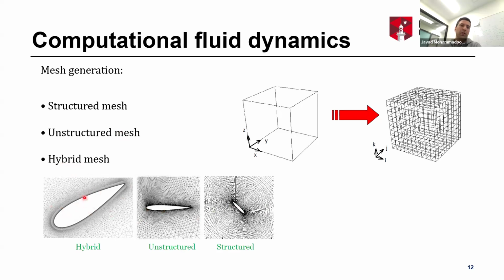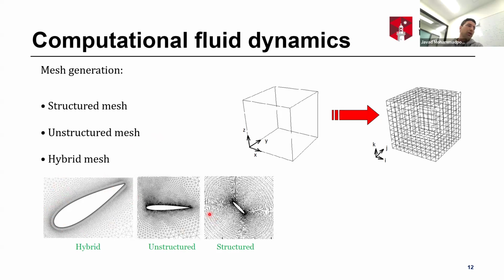We generated the structured mesh around the airfoil, because the point of interest is the leading edge and the trailing edge. And for the areas far from this airfoil, we generated the unstructured mesh.